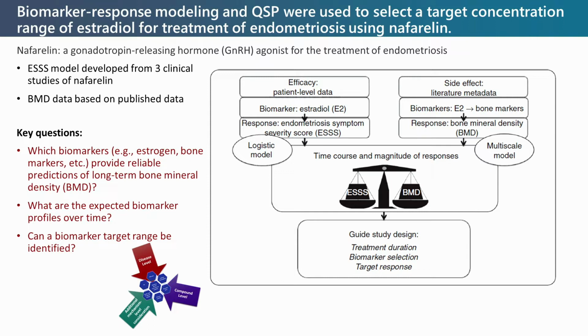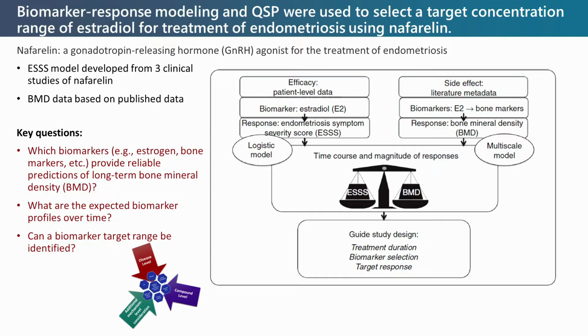The case study presented here is about model-informed development of naferolin, an agonist of GnRH developed for the treatment of endometriosis. The purpose of the work was ultimately to identify an estrogen suppression target for endometriosis treatment.